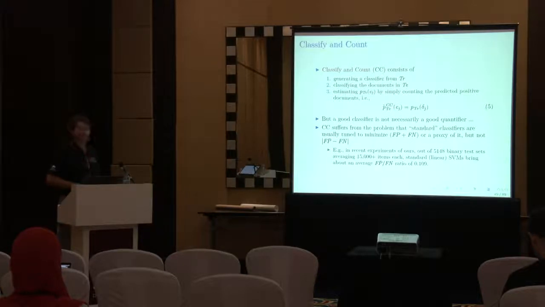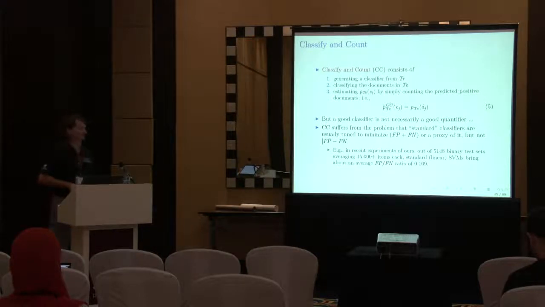So let me give you some experimental evidence for it. We have run some recent large experiments, in which we had more than 5,000 binary classification test sets, each averaging more than 15,000 items. So that's a very large experimentation.